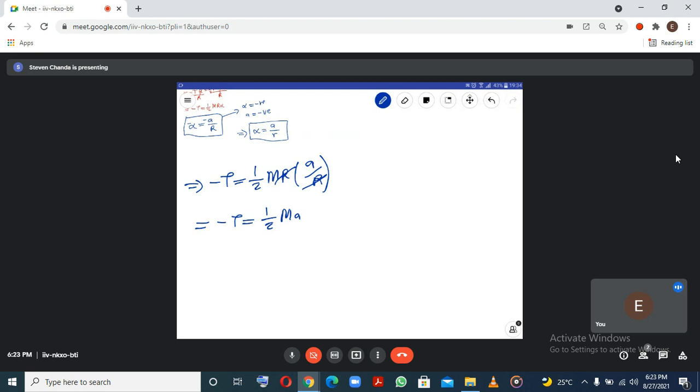So at this point, you say, okay, what can I do with this expression that I have? Then you remember the first equation that we came up with. It was like this. So at this point, you may want to use this equation.